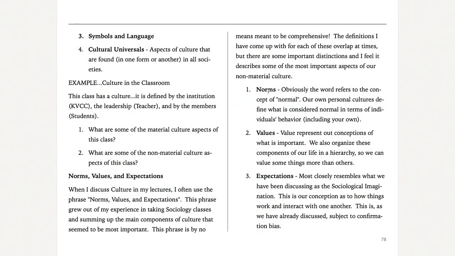So here we go into some of these aspects, and I want to make a clear definition of what I mean when I'm talking about norms, values, and expectations, because there's a bit of crossover, admittedly, when we talk about each one of these. Norms, obviously, norm is short for normal. Our own personal culture defines what is considered normal in terms of individual behavior.